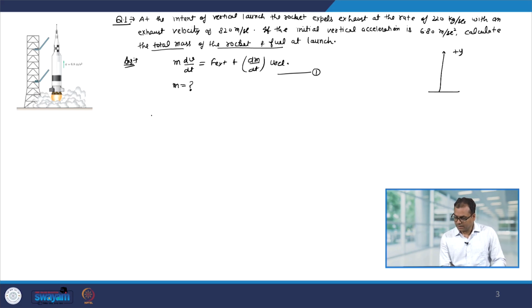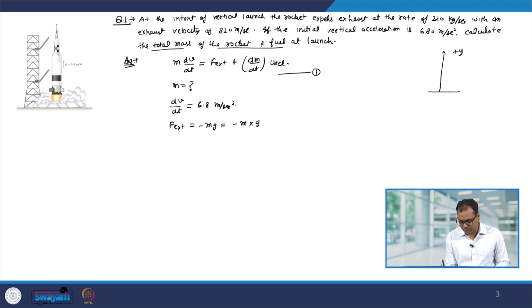The initial vertical acceleration is given, so dv by dt is 6.8 meter per second square. The external force will be mg and it acts downward, so minus mg, which is minus m into 9.81.